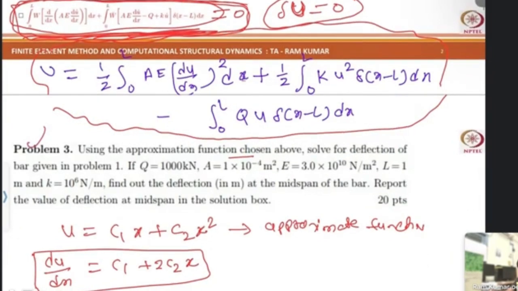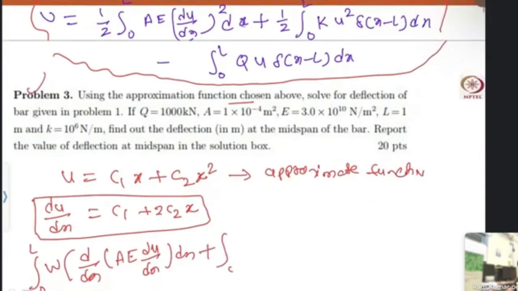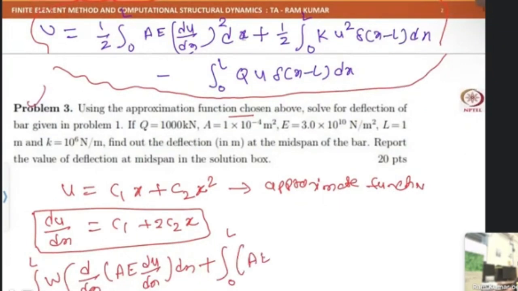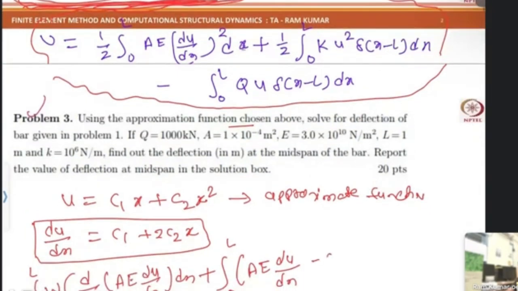plus 0 to L, w, then again same thing, plus 0 to L, ae du by dx minus q ku plus ku delta x minus L dx equal to 0.